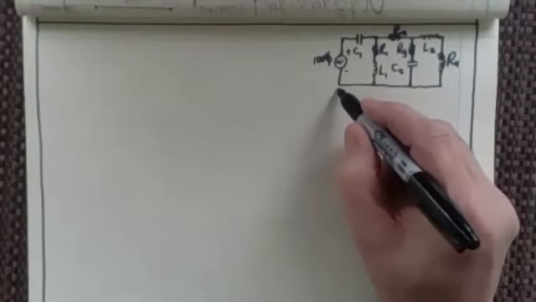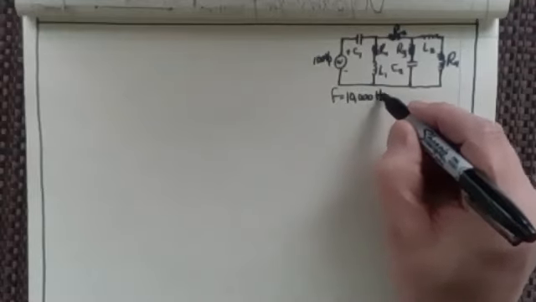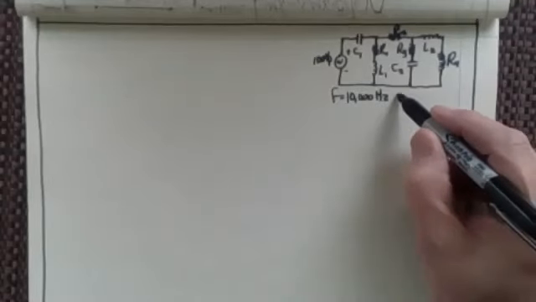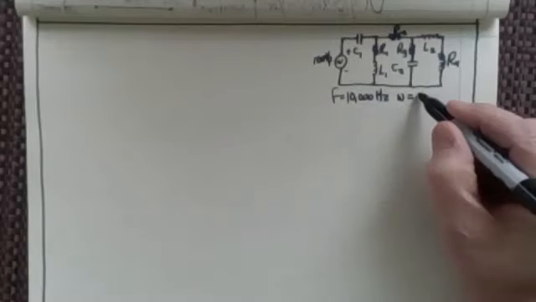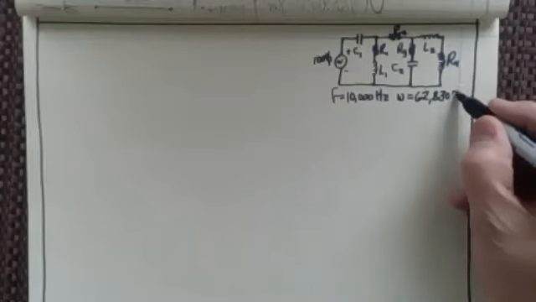Our frequency is going to be 10,000 hertz. That makes omega, which we know is 2 pi f, 62,830 radians per second.